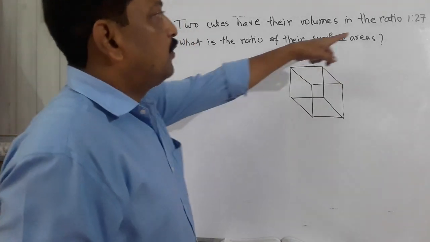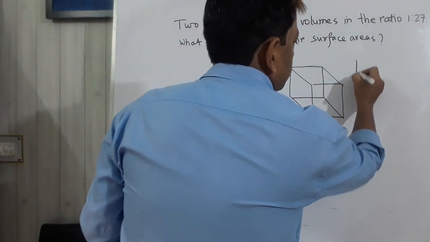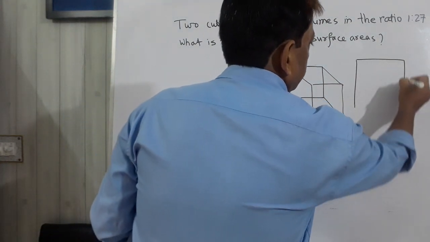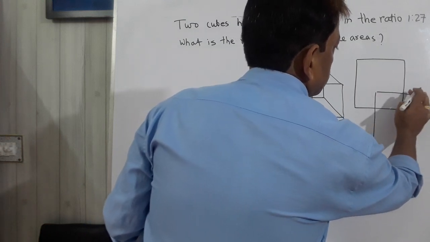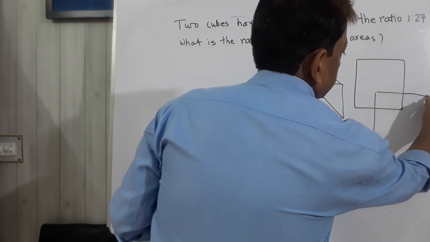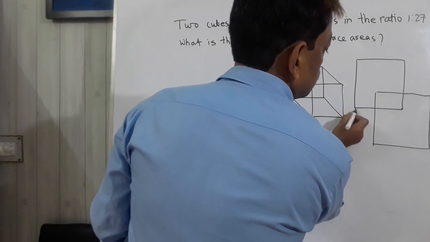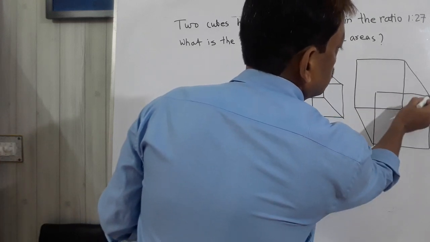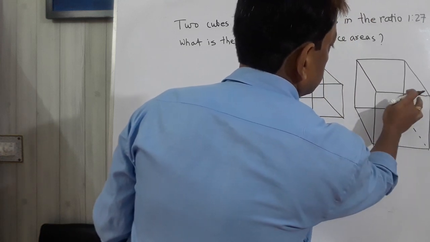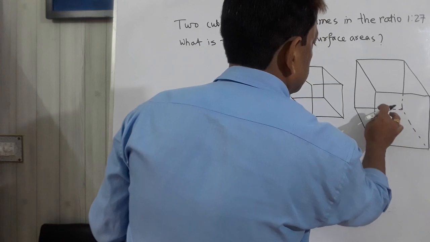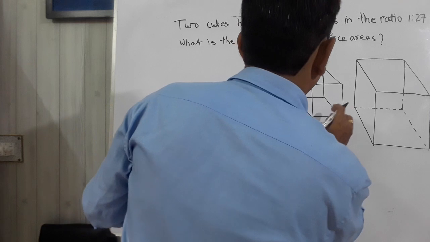The first cube is the small one, as you can see from the ratio, and the second cube is the big one.